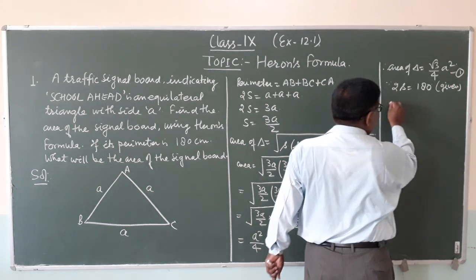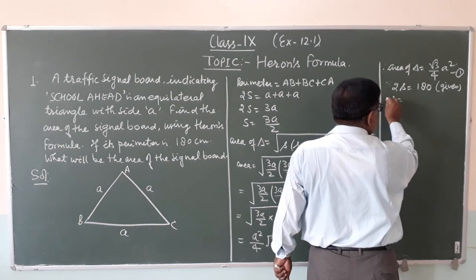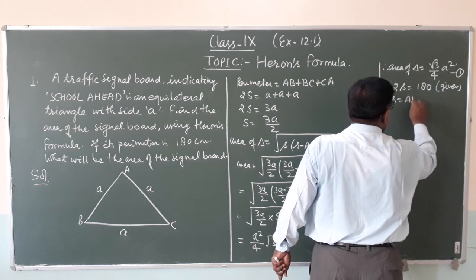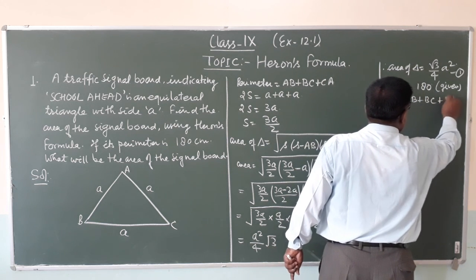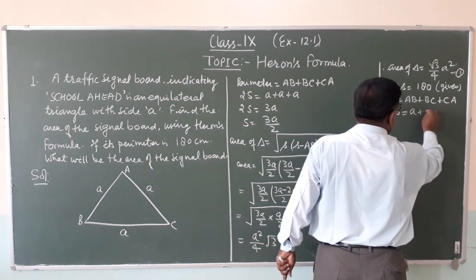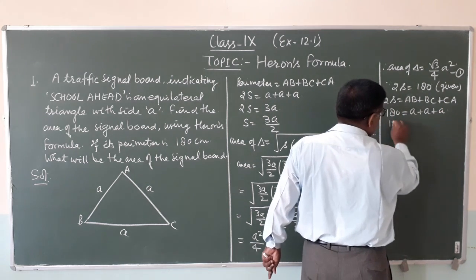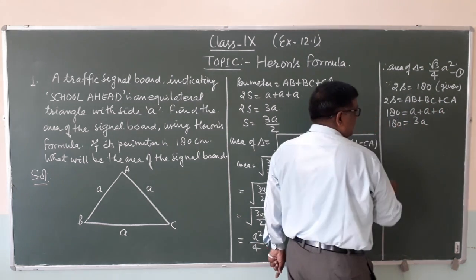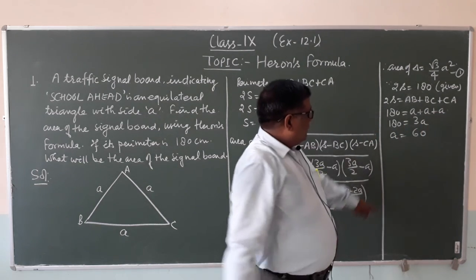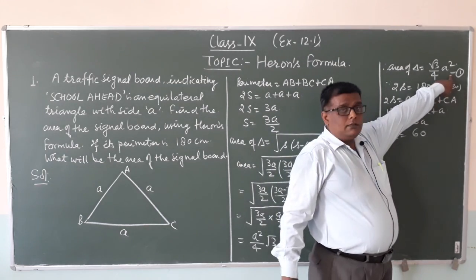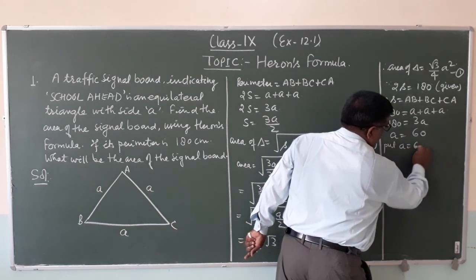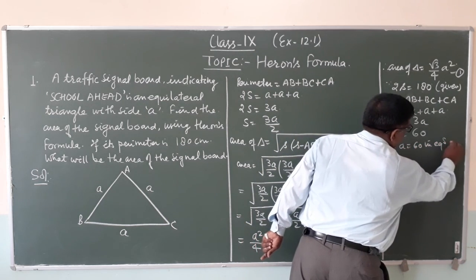So AB plus BC plus CA is 180, that is A plus A plus A is equal to 180. This is 3A, so A is equal to 180 divided by 3, that is 60. Now we have to put A equal to 60 in equation 1.